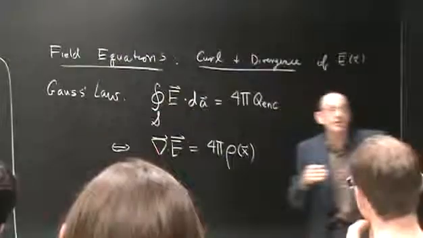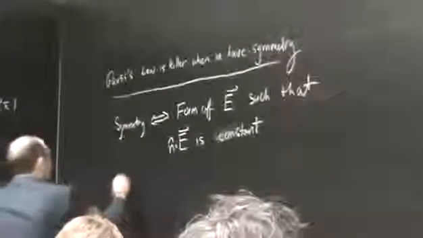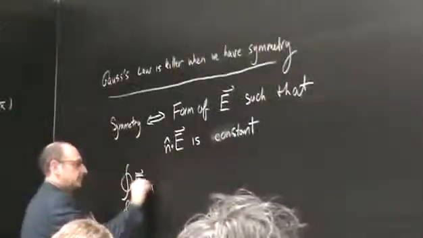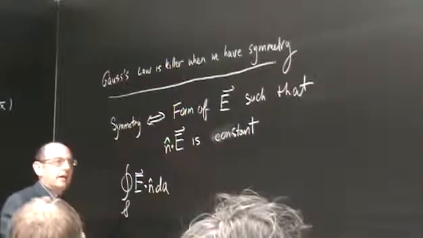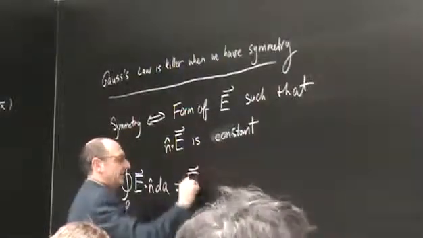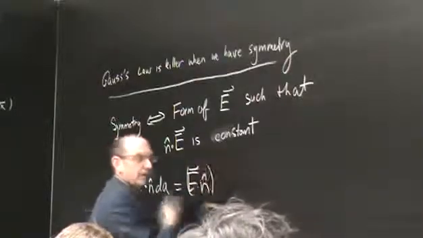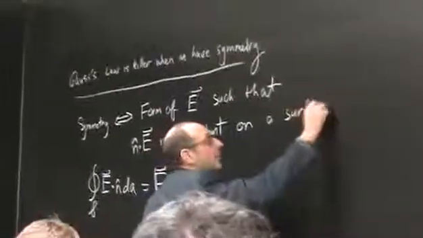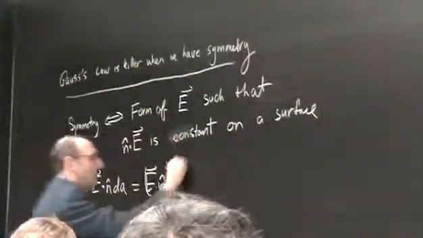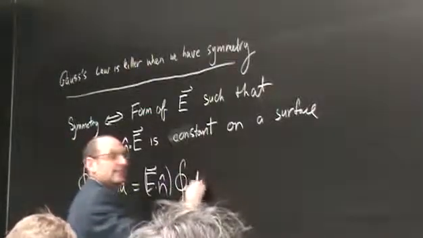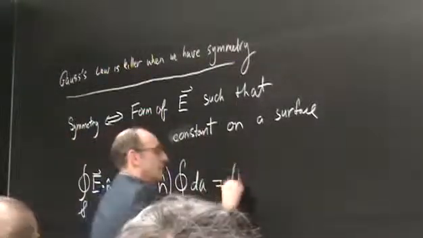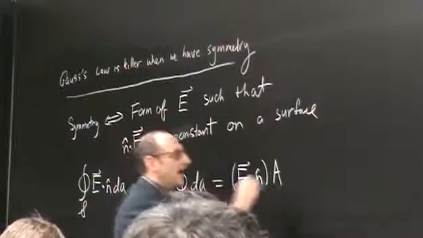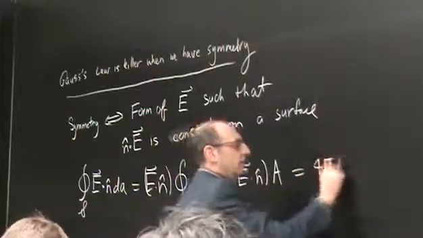And instead, the flux integral is such that I can pull this out of the integral when I think about E constant on a surface. Excuse me, not constant everywhere, but constant on the surface. Then I can pull this out of the integral, and this becomes E dot n hat times the surface area, and that's then equal to whatever the enclosed charge is.